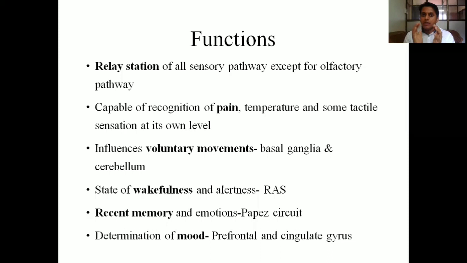And at the level of thalamus itself, it is able to recognize the pain, temperature, and some tactile sensation at its own level. And it also influences the voluntary motor activities, as I said, by the comparator action with the basal ganglia. And through the reticular activating system, as it is the relay center, it is involved in the state of wakefulness and alertness.